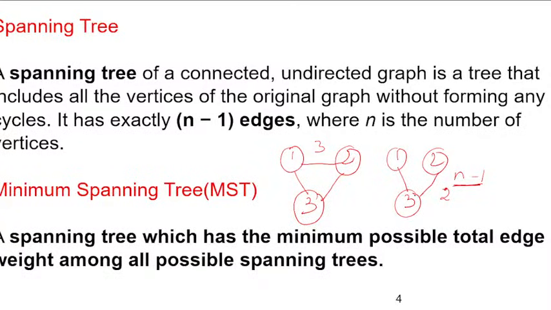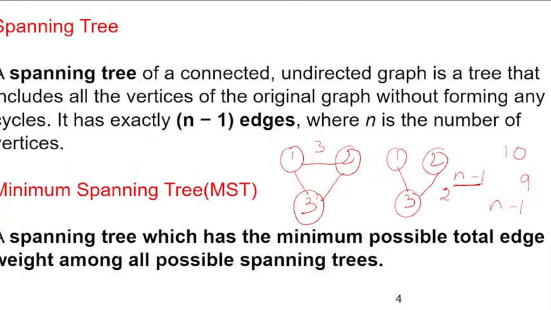So this spanning tree of this graph contains only 2 edges. Suppose if you have 10 nodes or 10 vertices, then the corresponding spanning tree must contain only 9 edges, that is n-1 edges. Okay, so now you know what is a spanning tree.